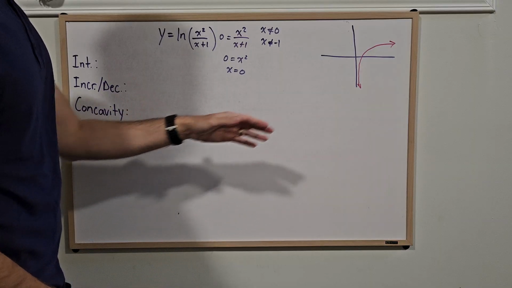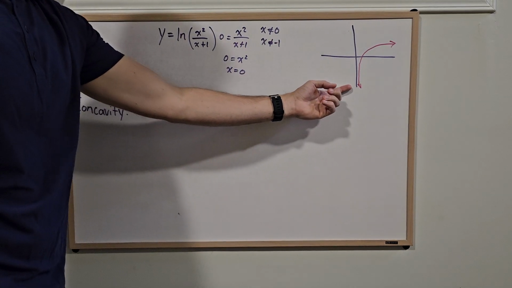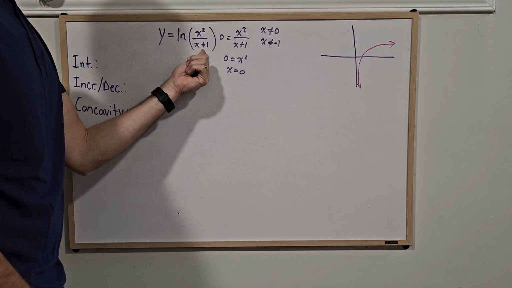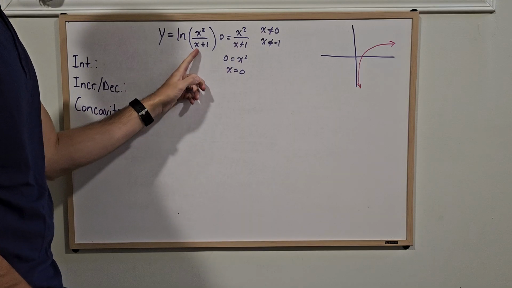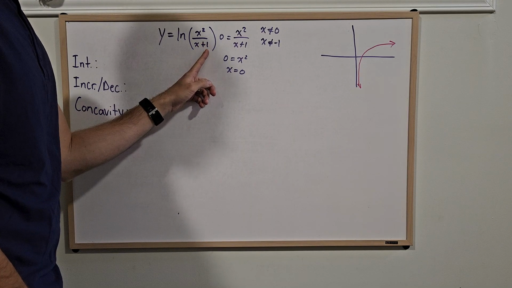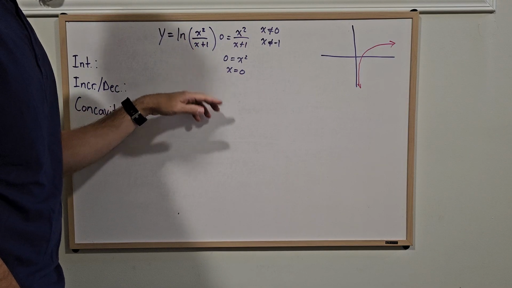Another thing we know from our natural log is that we can't take the natural log of negative numbers, like we said before, right? So this thing inside cannot be negative. If I put in a -2 here, -2 plus 1 is going to be -1. I'm going to be dividing a positive number by a negative number, which gives me a negative.